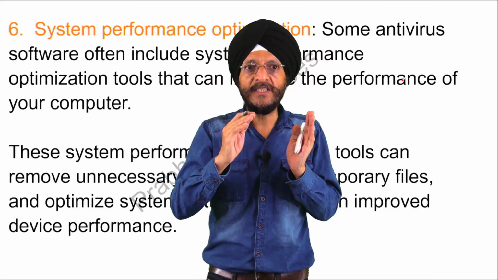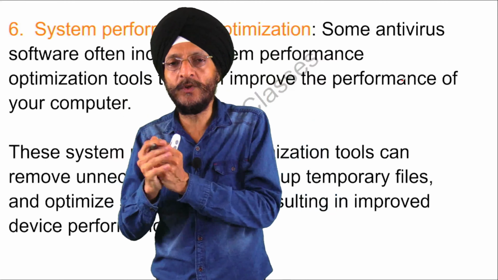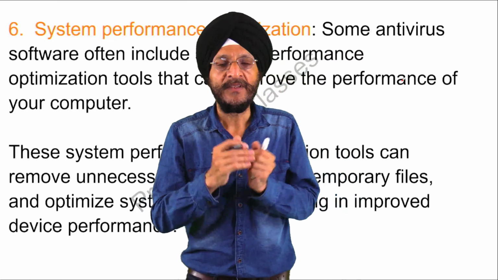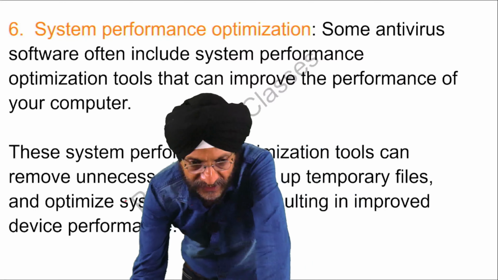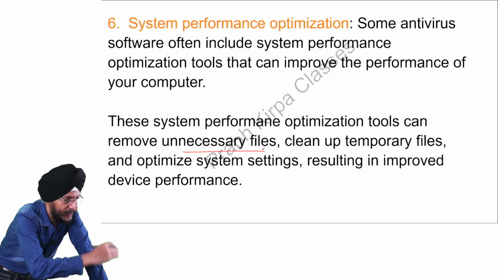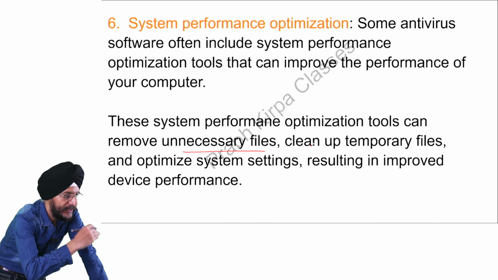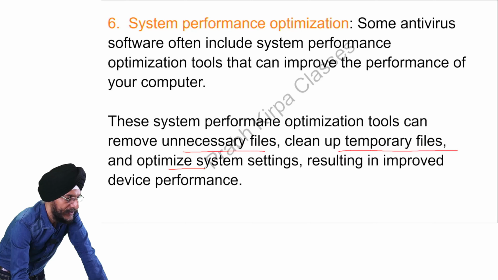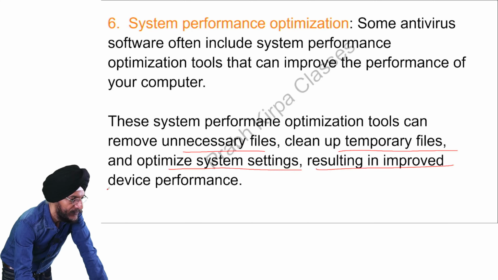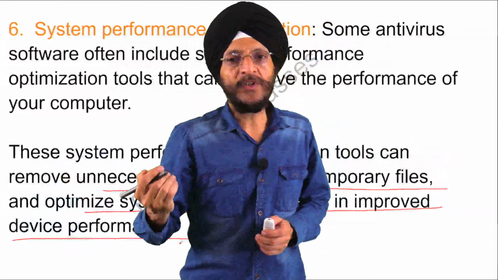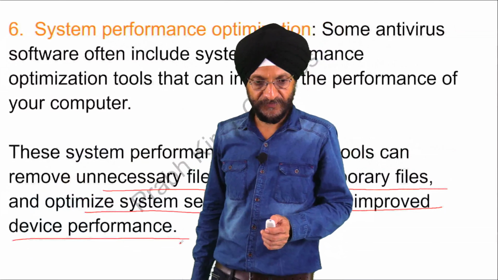The system performance optimization tools provided by the antivirus software remove unnecessary files. They clean up the temporary files. They optimize system settings, and all this results in improved performance of your computer system or mobile device.